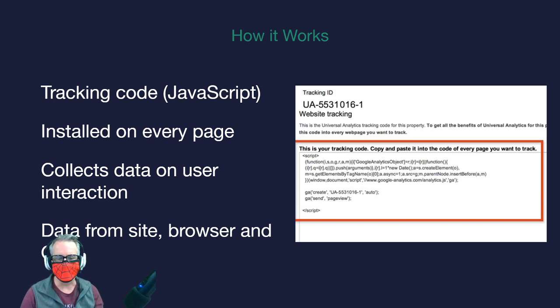It doesn't get data from the site. So if someone types in their password or some financial information, Google Analytics doesn't track that. What it does track is what buttons they clicked on, what browser they're using, their IP address, and where they're physically located. Not down to what apartment they're in or anything like that, but are they in New York? Are they in the Bronx? Whatever.